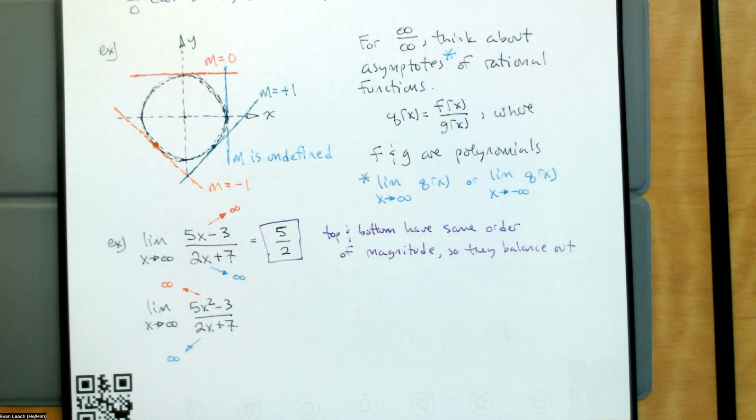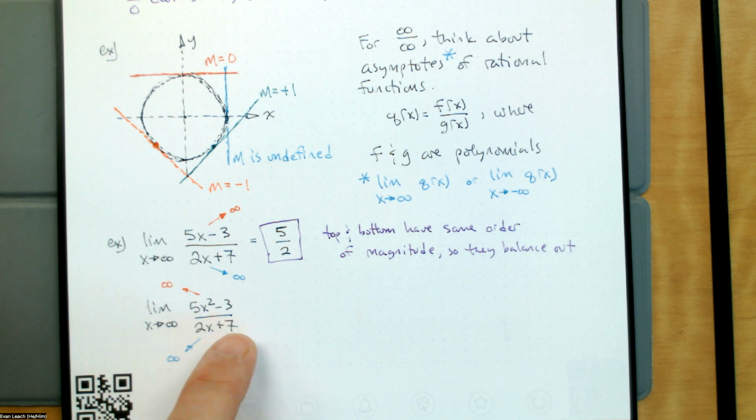But in this case, we can see that the numerator is winning. For large values of x, 2x does not matter when compared to 5x squared.